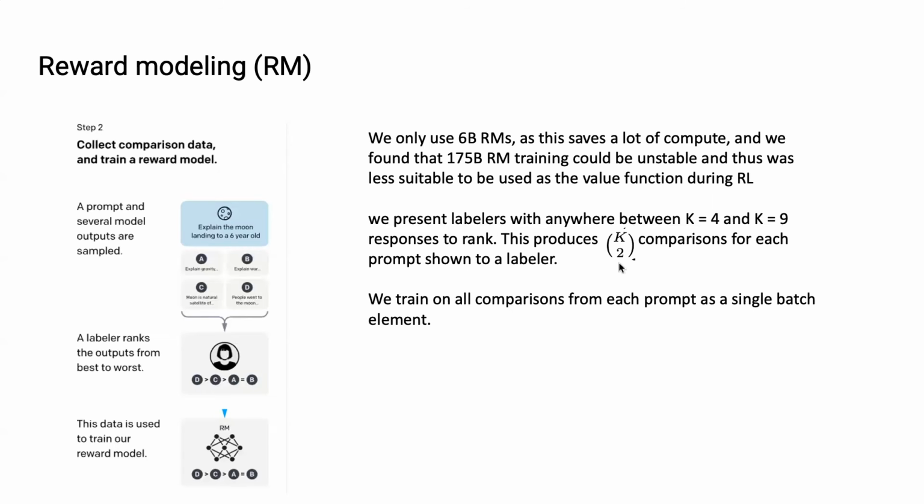And this will give us this many combinations from the set. And then they train on all the comparisons from each prompt. So each prompt will have this many pairwise comparisons, and they train on all of these comparisons as a single batch to update this 6 billion GPT-3 model.